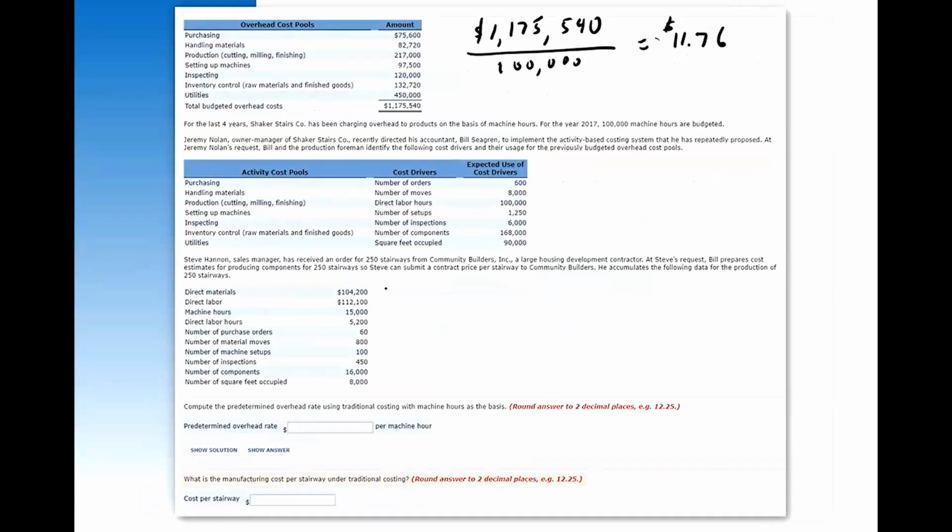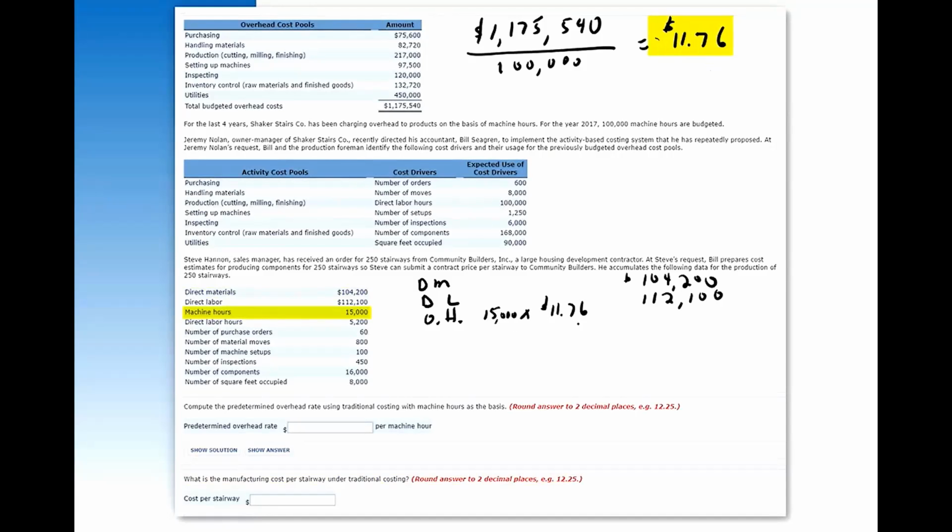So to do this, we see that the direct materials cost would be $104,200, and the direct labor cost would be $112,100, and then for the overhead, we will take the estimated machine hours to produce 250 stairways, which is 15,000, times the rate that we calculated above, which is $11.76 per machine hour.